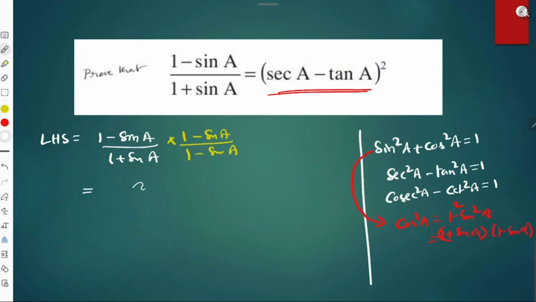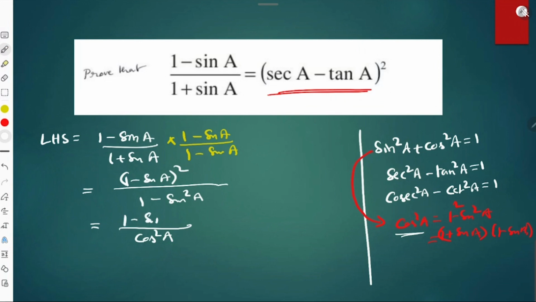If you multiply these two, the denominator will become 1 minus sin square A, and the numerator will become 1 minus sin A whole square. So the denominator is cos square A, since 1 minus sin square A is cos square A, and the numerator is 1 minus sin A whole square. By the laws of exponents, A power m by B power m, we can write as A by B whole power m.